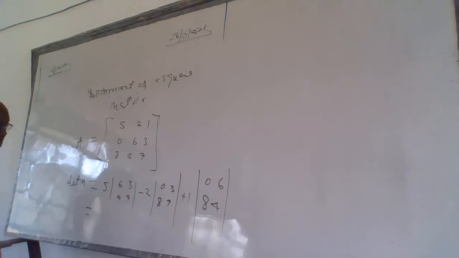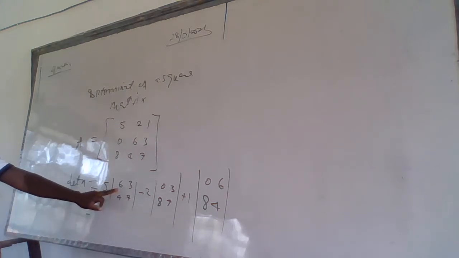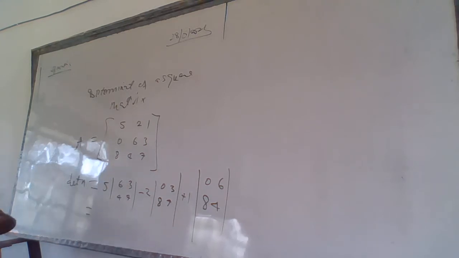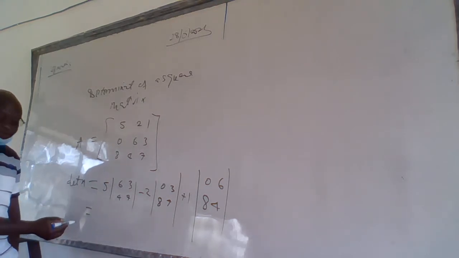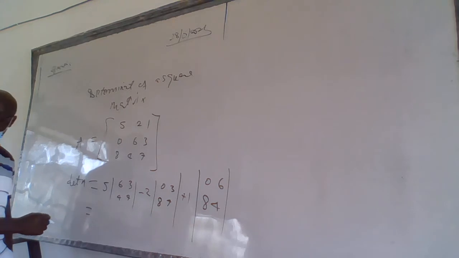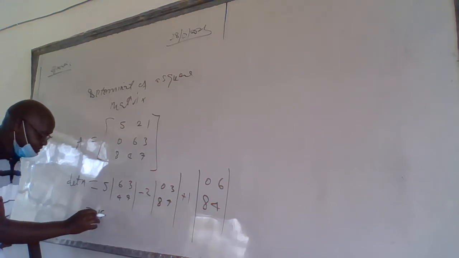So when we open up, we have 7 times 6, that is 42. 42 minus 4 times 3, so 42 minus 12, 30, times 5, 150.